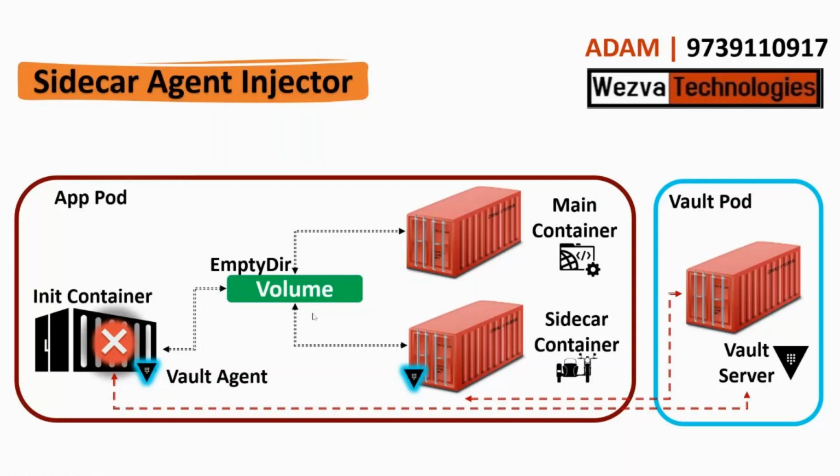So now what will happen? As soon as the sidecar container fetches the latest data, the volume will be updated. So obviously your application will also get the latest credentials or data from the server. So this is how, by using this sidecar injector method, when you create a pod at the beginning, your application will have the sensitive data.